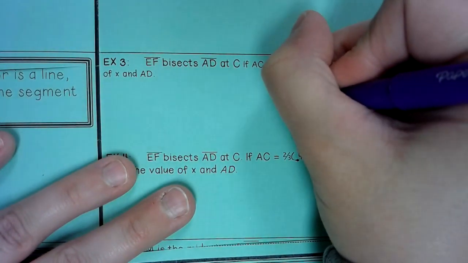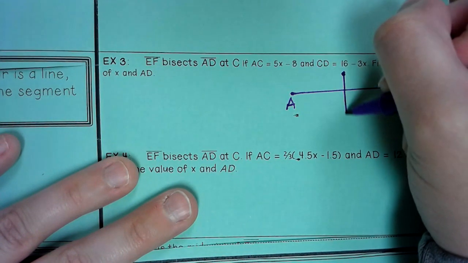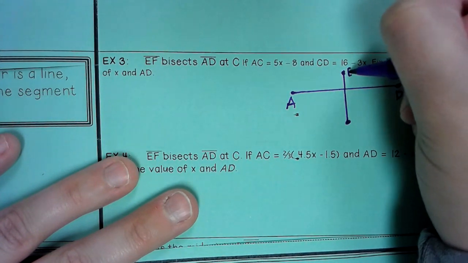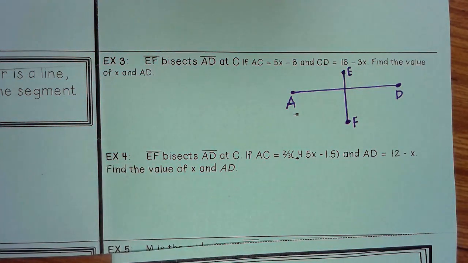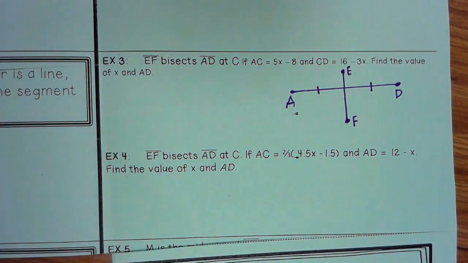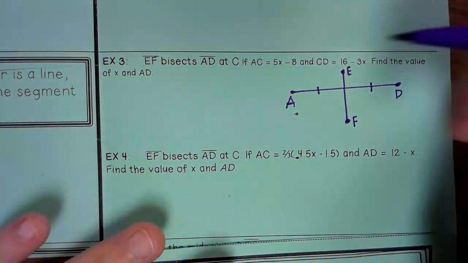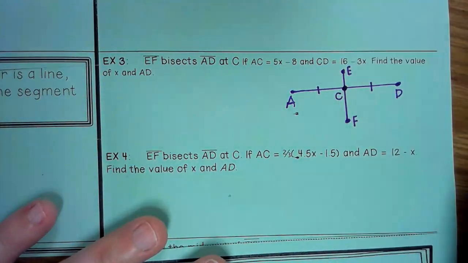So there's AD. EF is bisecting it. So there is EF. If it bisects something, remember it cuts it in half. So I am going to go ahead and mark that these two parts are congruent because it's been bisected. And it says it bisects it at C. So I'm going to label this point right here where the bisecting happens, C.